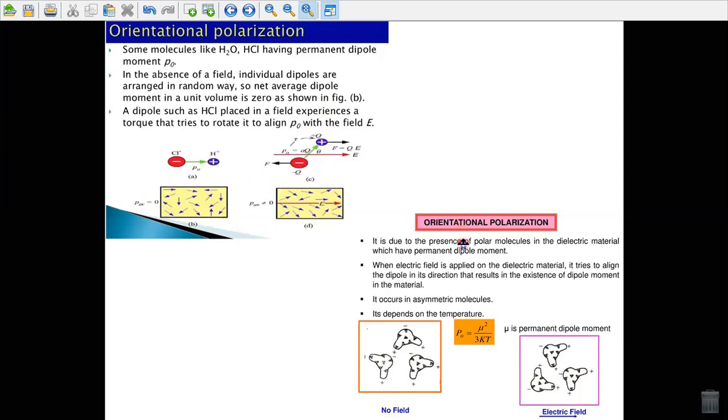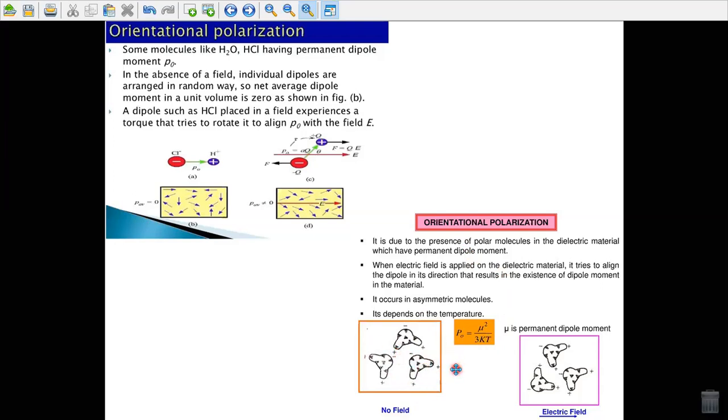It is also important as it is very predominant in the case of liquid crystals and polymer type of materials, where the molecules try to get aligned with the applied electric field. So when an electric field is applied to a dielectric material, it tries to align the dipoles in its direction.